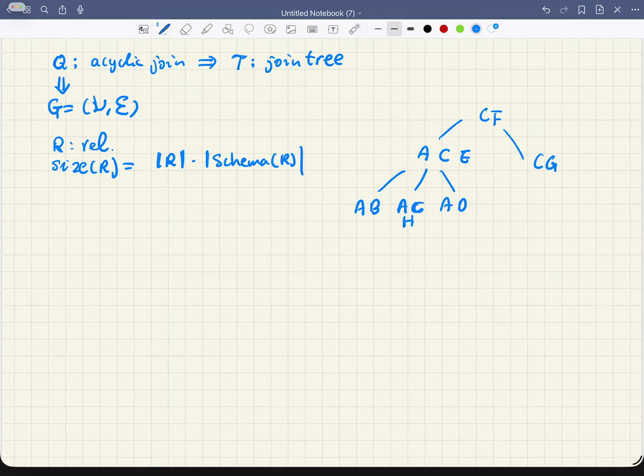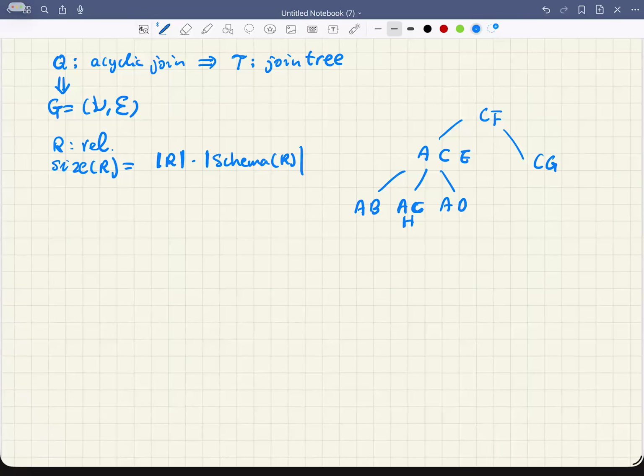So this is the number of integers required to represent all the tuples from the relation, right? Once again, the first term here, this R size, this is the set size. R is defined to be a set of tuples, and therefore this is like what I said. Now schema, this is the set of attributes in R, the columns, right?